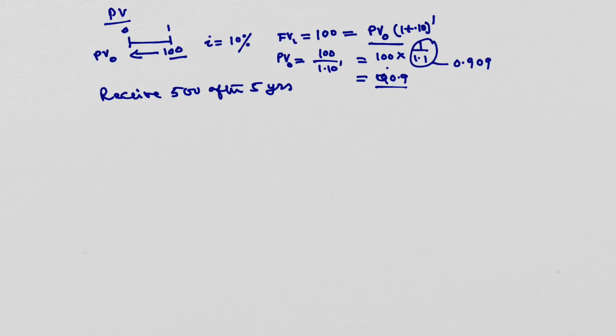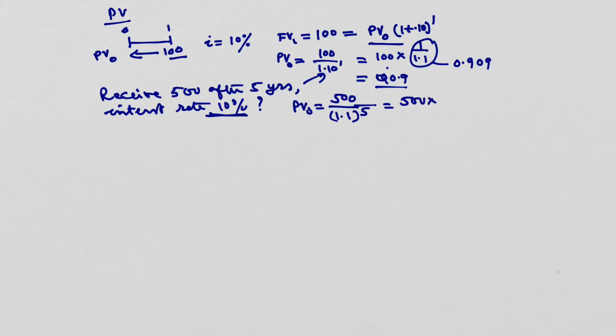But then I need to know the interest rate, and the interest rate is 10%. What you can say is that there is some present amount today which accumulates to 500 rupees after 5 years at 10%. So in the same way as we did here, we can write that my present value today is 500 divided by 1.1, and this time this will be raised to 5.